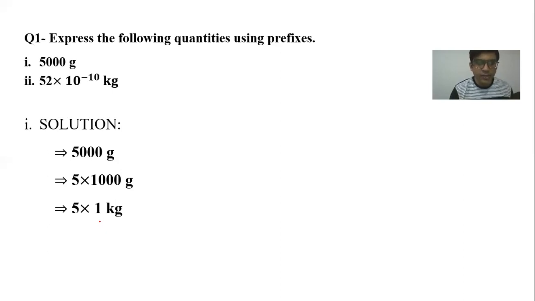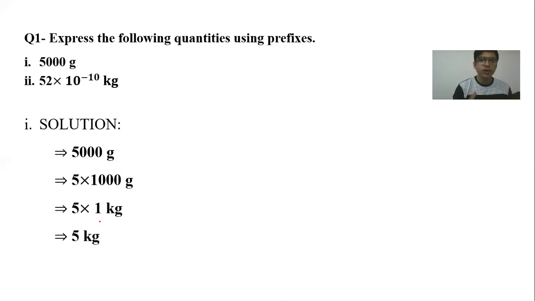Then the answer is 5 kilograms. So we can write 5,000 grams as 5 kg, and here I have used the prefix kilo. Very simple. Whatever number we are given, first we use exponents, then we use the relatable prefix.